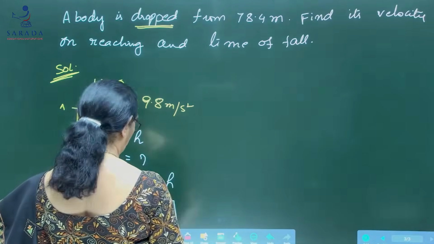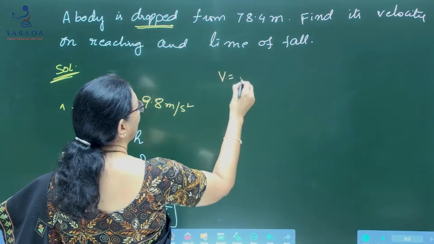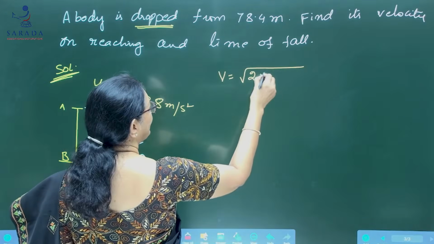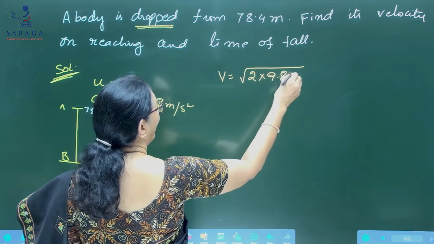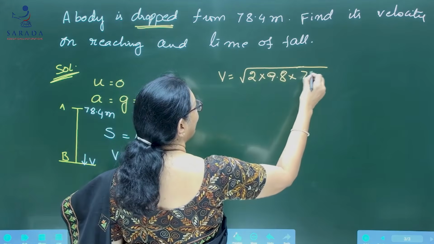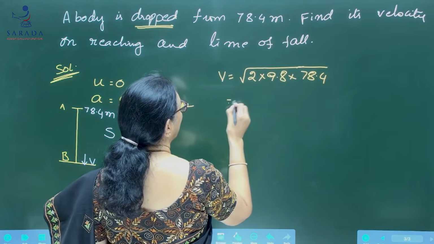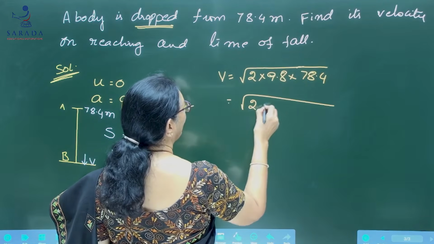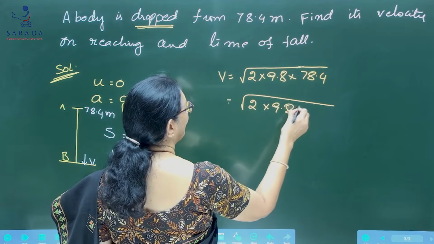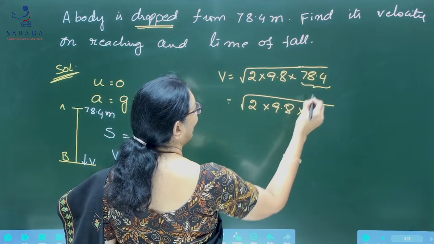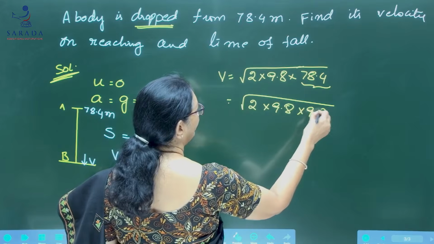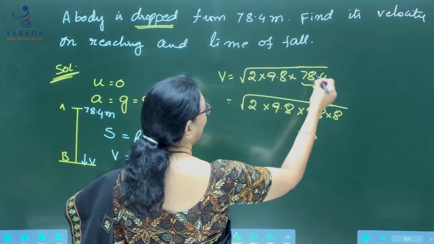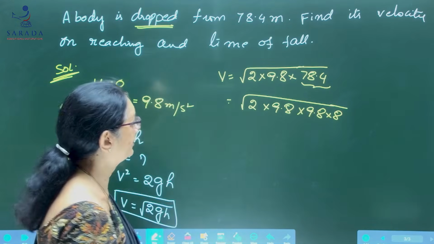So, just substitute that here. v is equal to square root of 2 times 9.8 times 78.4. Now 78.4 is 9.8 times 8, so we are writing it as 9.8 into 8.